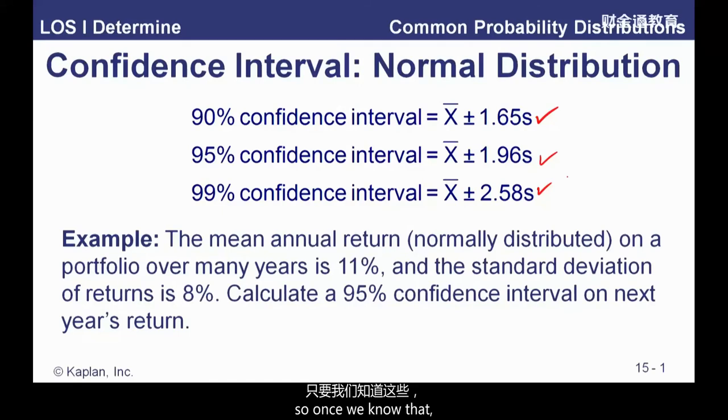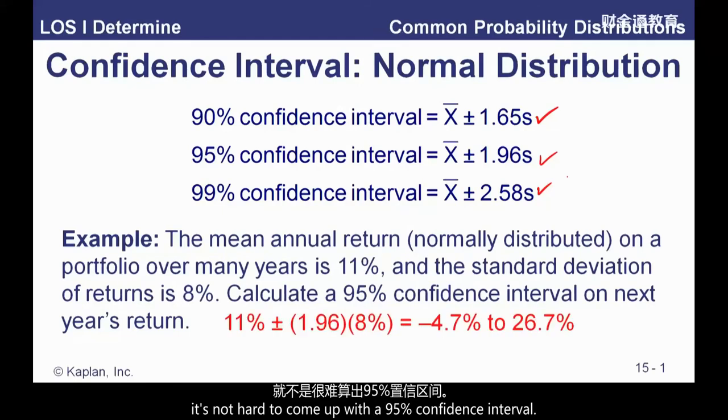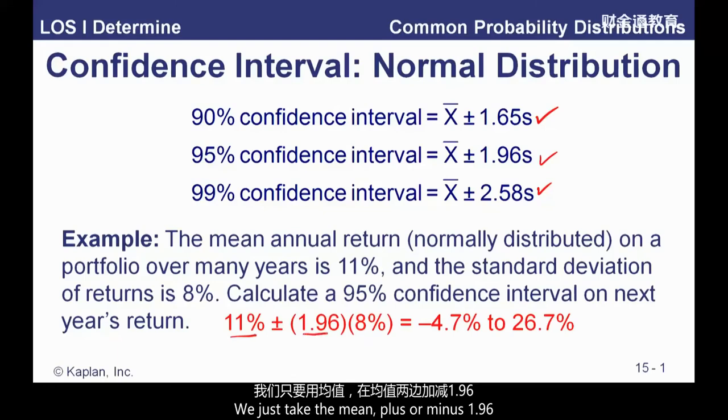Once we know that, it's not hard to come up with a 95% confidence interval. We just take the mean plus or minus 1.96 standard deviations either side of the mean, and that's our range.